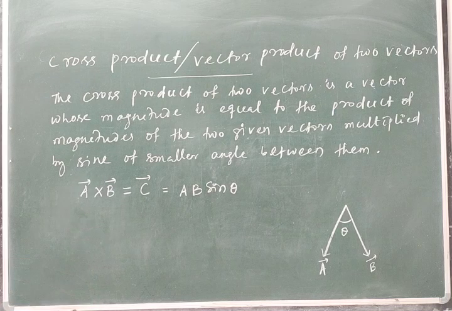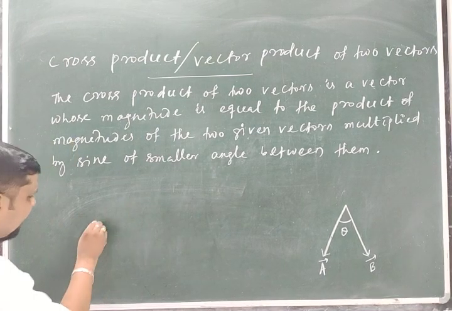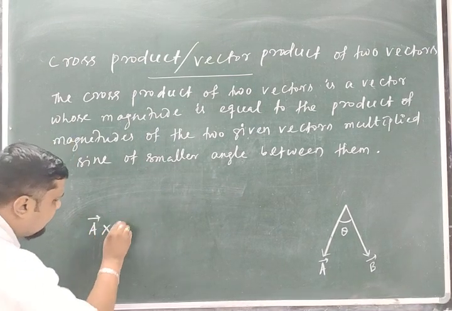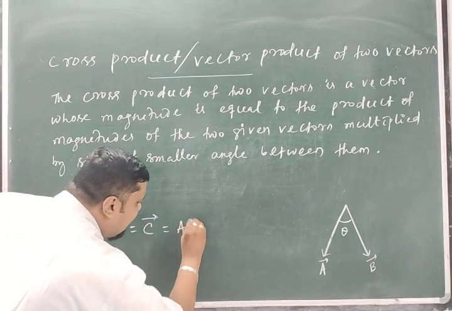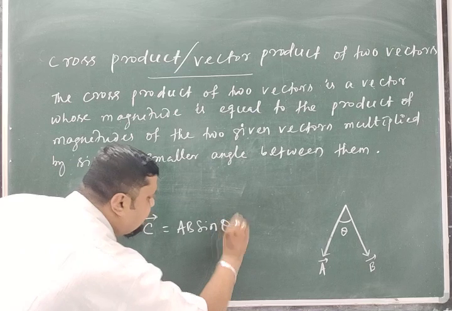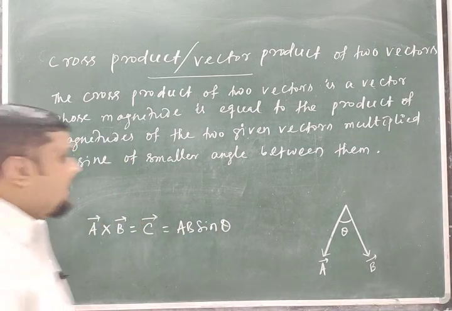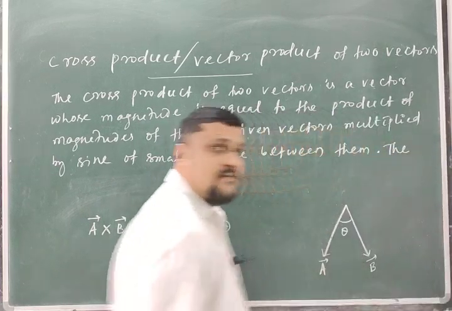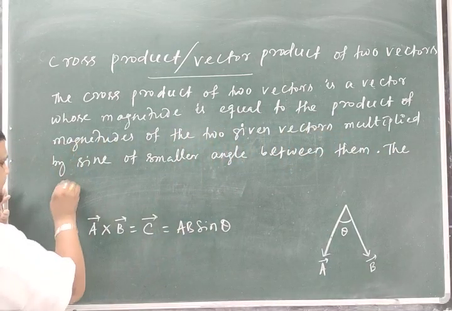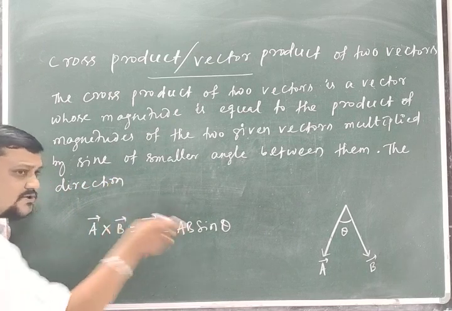So A cross B is equal to C, that is equal to AB sine theta. Now go for the direction part. Because this is a vector, it has magnitude and also direction.